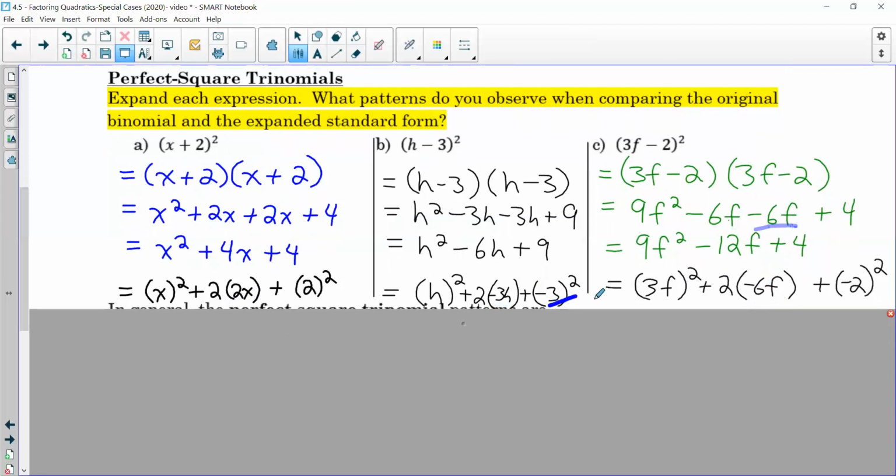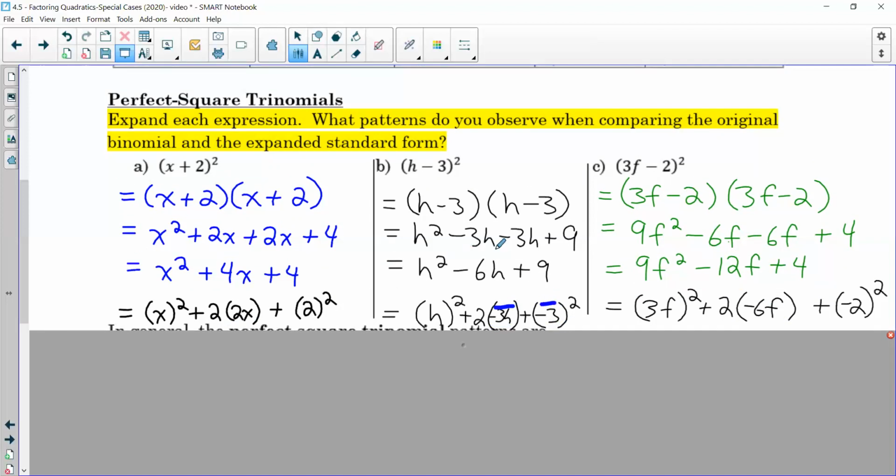Why is this important? Well, the only way to get a negative 3h is to use a negative here, and you'll see that with the distributive property. Take a look. So the only way to get a repetition of negative 3h here is if the constants are both negative. Negative 3 and negative 3 produce the positive 9.